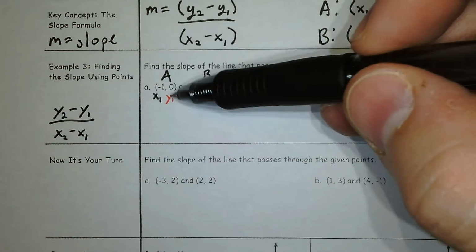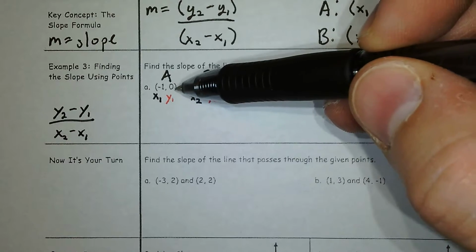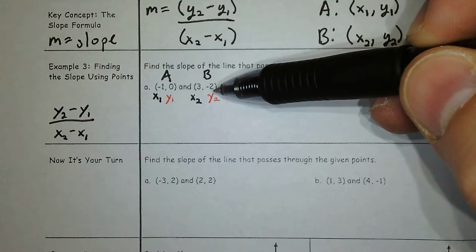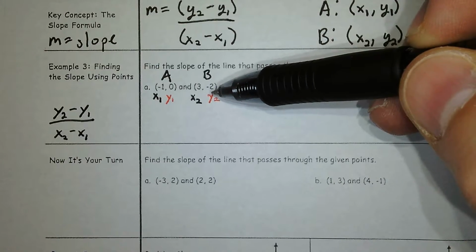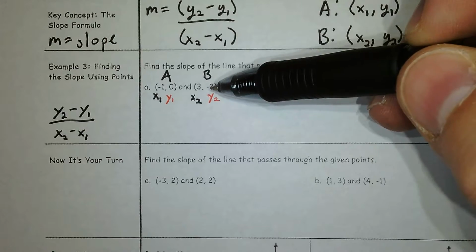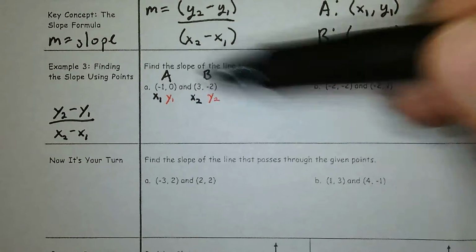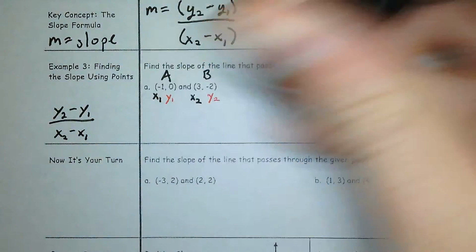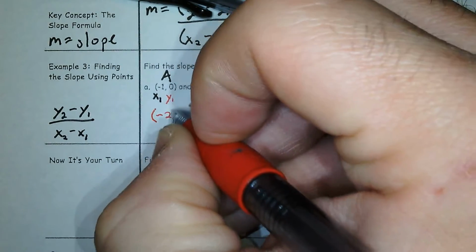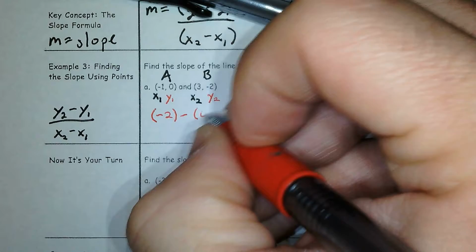So all I did was take point A, x1 and y1, and point B, x2 and y2, and plug those in. We're taking the difference in the y values. My y values are -2 and 0, so I'm going to subtract those two: -2 minus 0.